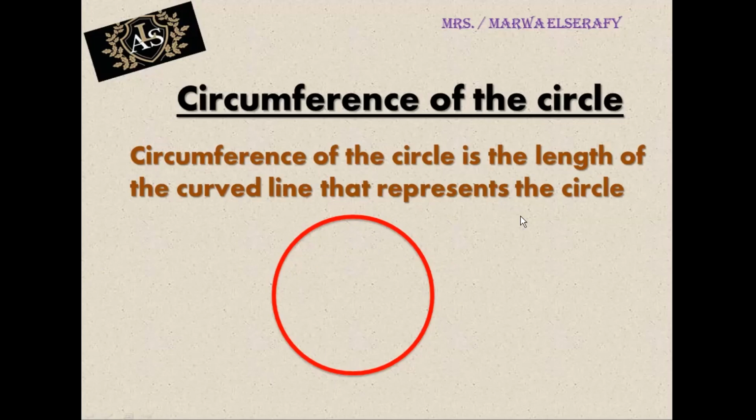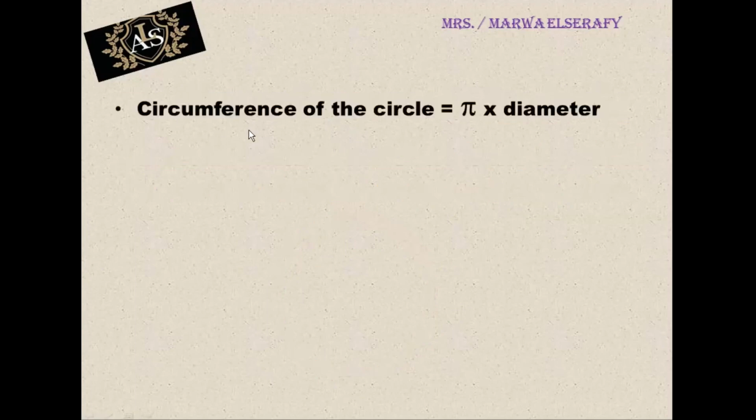Okay, let's take the rule for the circumference of the circle. The circumference of the circle equals, what is this? It's pi. Pi times diameter. The circumference of the circle equals pi times diameter.